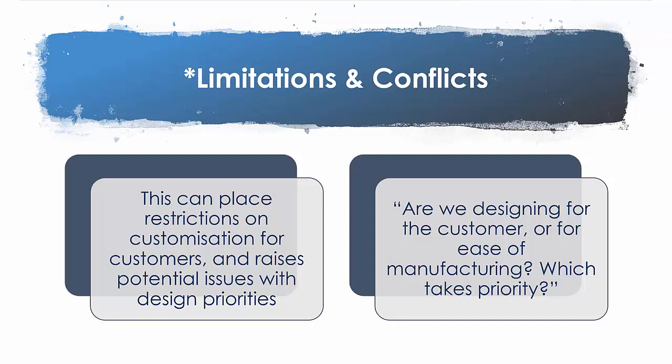But then you've got to bear in mind, of course, that you do have a customer to take into account as well, and there might well be a conflict between what the customer wants in terms of design and whether it's easy to manufacture and assemble, and whether it is consistent with the procedures and technologies already in place within the company that allow certain kinds of things to be created and assembled.